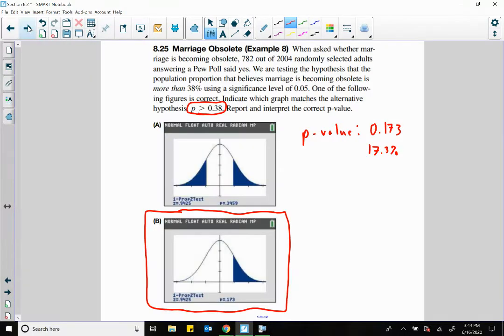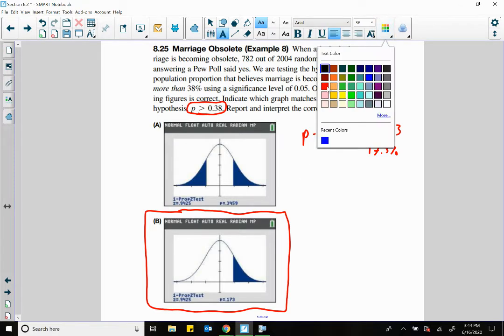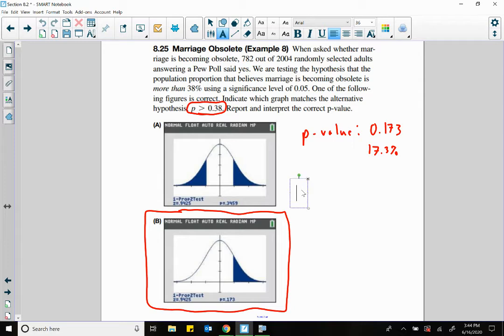So what we're going to say, we're going to write it up right here, is that if the population, and the cool thing is you will not have to type this from scratch. You'll have multiple choice there to help you out, or it's like fill in the blank too.